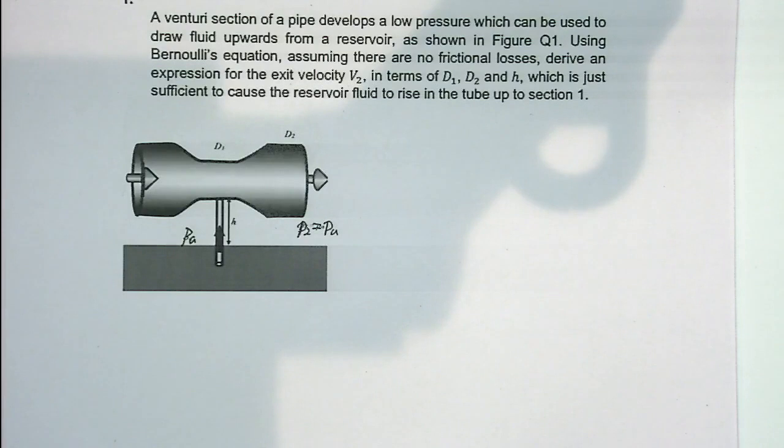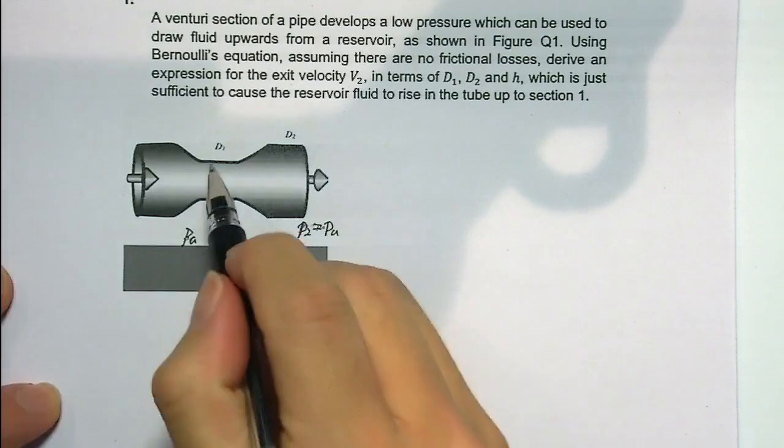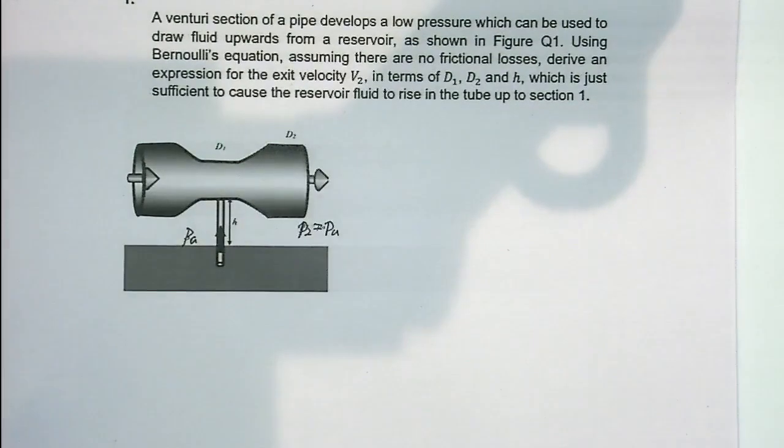We also know the diameters of the pipe, D1 and D2, at the two positions. We assume that it is a steady flow, incompressible flow, and also inviscid flow, which is no friction loss. So we could apply the Bernoulli equation based on these assumptions, right?